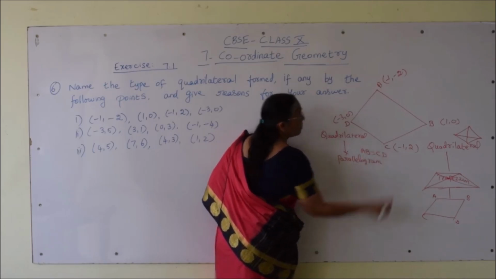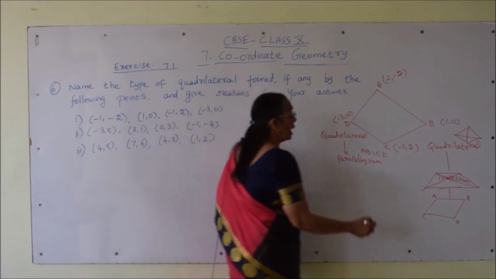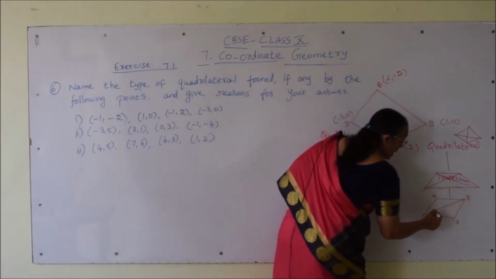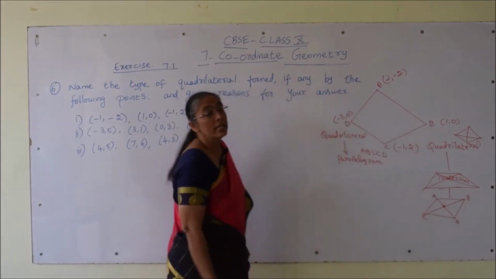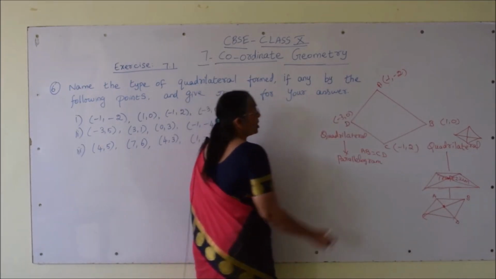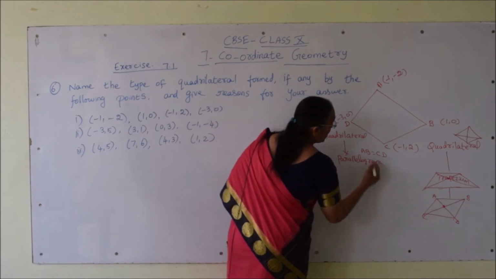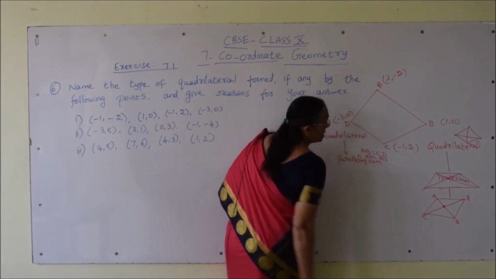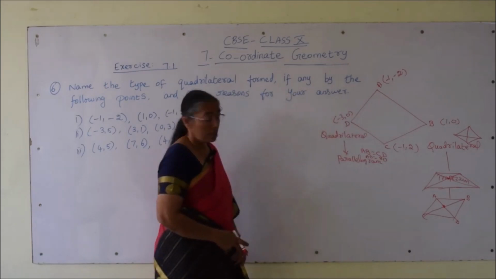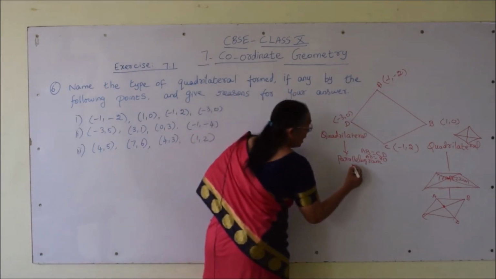AB is equal to CD, and we will have another condition: their diagonals bisect. That means they intersect at the midpoint. So, AB is equal to CD, and also AD is equal to BC. Opposite sides are equal.